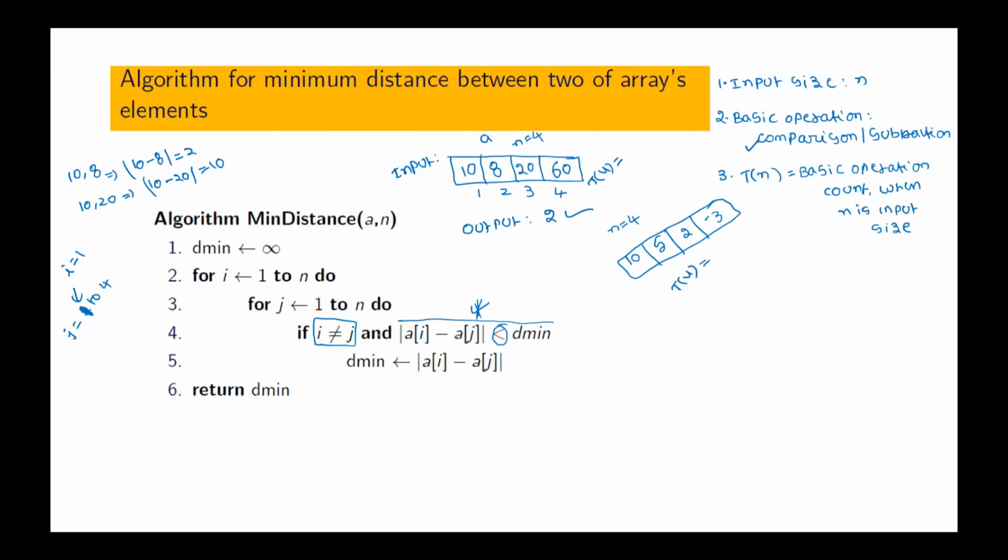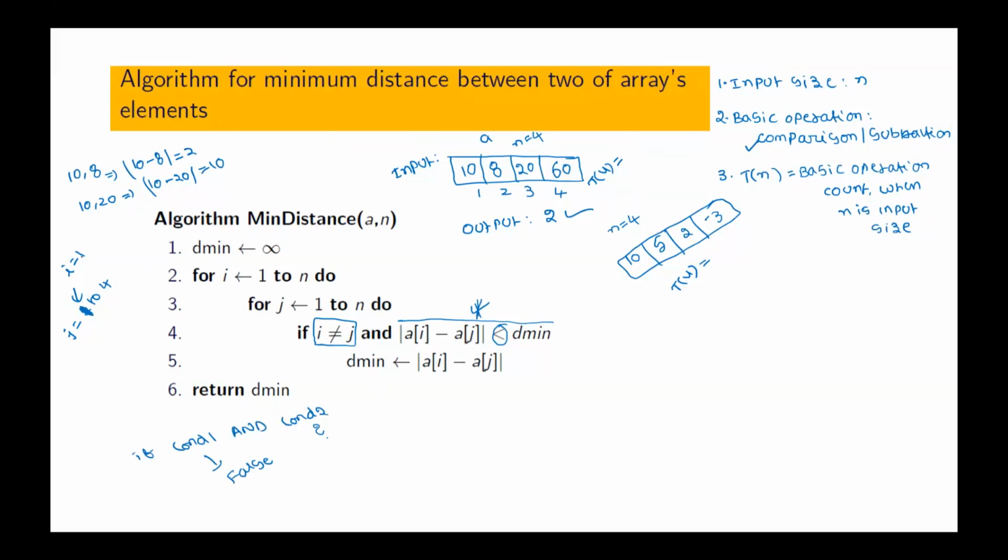One more important point: when does that if condition become true? If we have two conditions, and condition 1 is false, is it necessary to evaluate condition 2? No. Okay, we will come back to this.